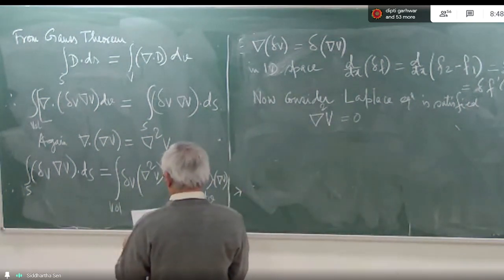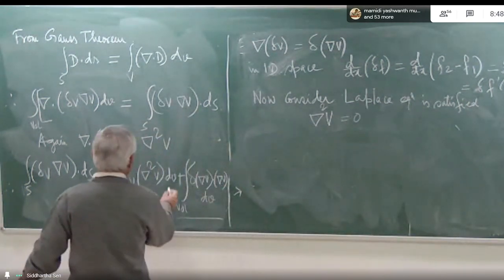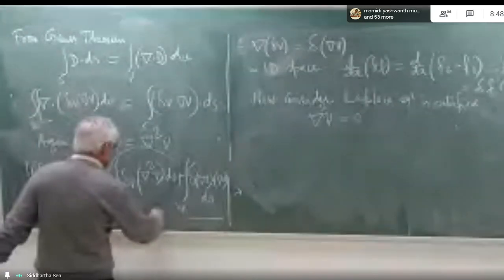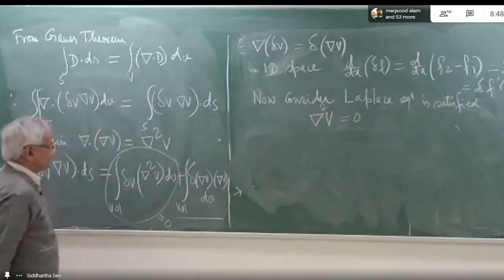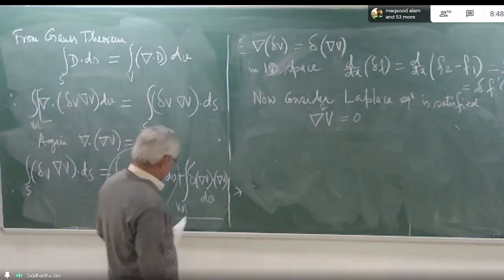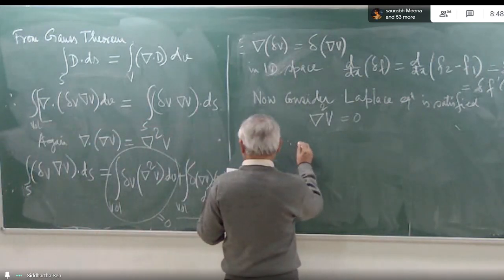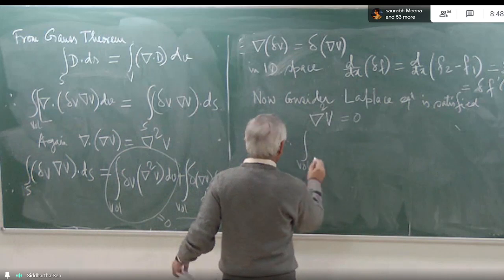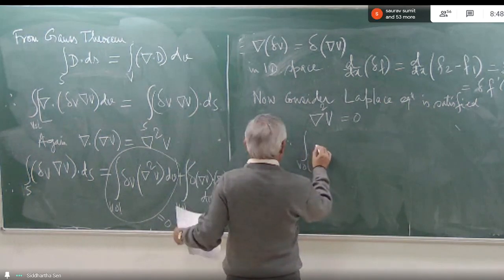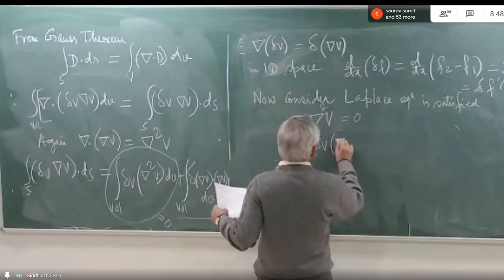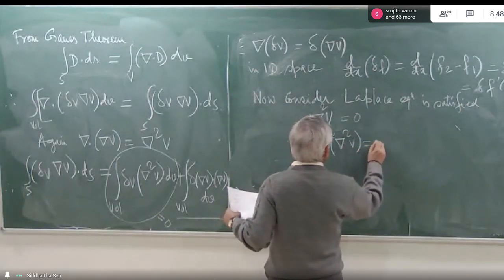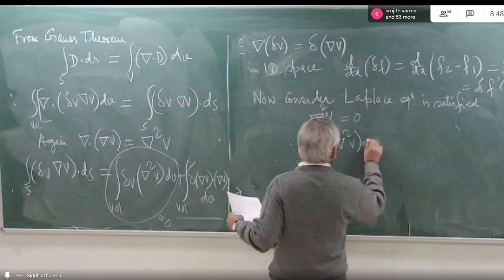And if nabla square V is 0, that means this part comes down to be 0 there. So what we say is that therefore the volume integral of delta V into nabla square V dV is equal to 0.